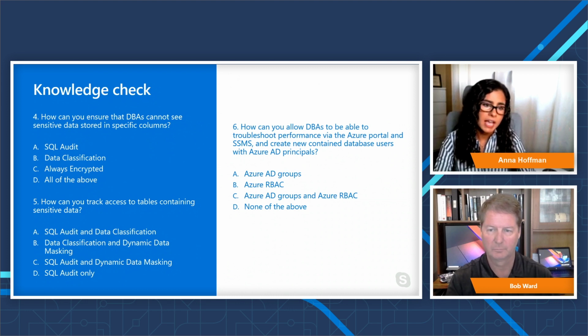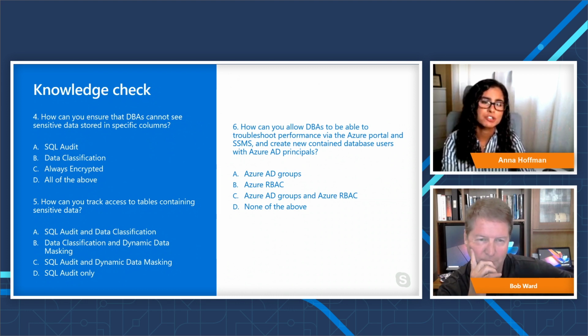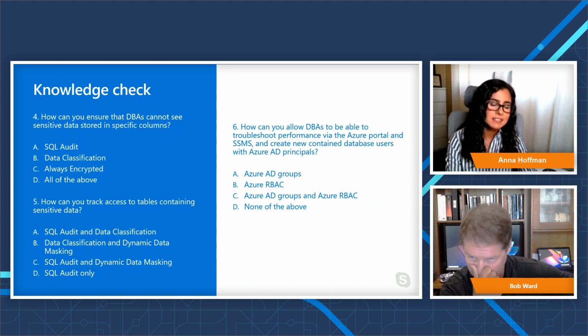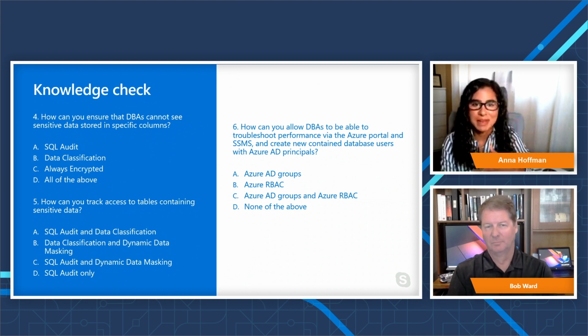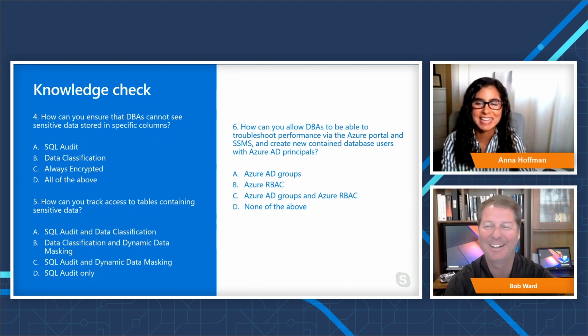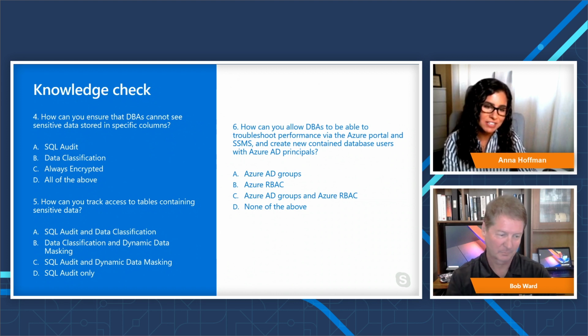So if we look at question 4, it reads, how can you ensure that DBAs cannot see sensitive data stored in specific columns? There are a few options here, and this could be tricky and interpreted in a few ways, and perhaps there's a stretch in my answer, but we'll talk about it. And then for question 5, it says, how can you track access to tables containing sensitive data?